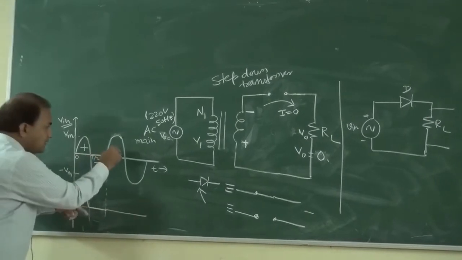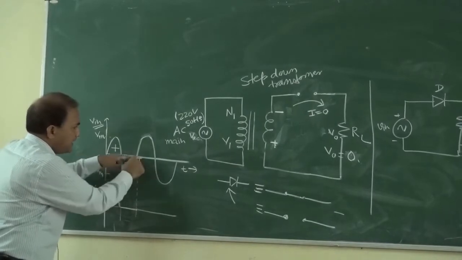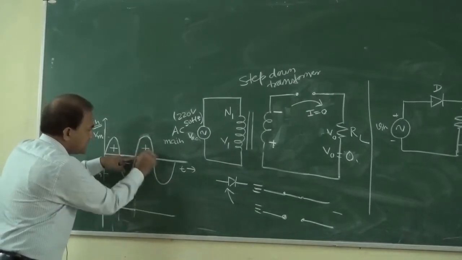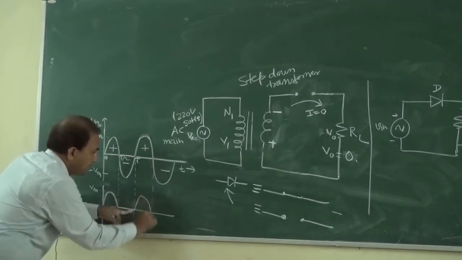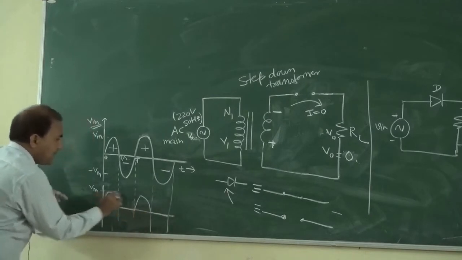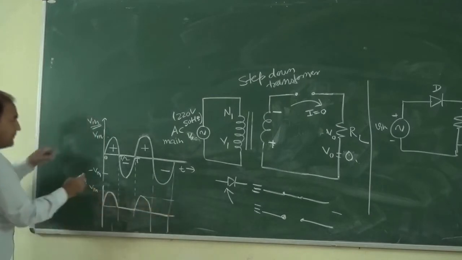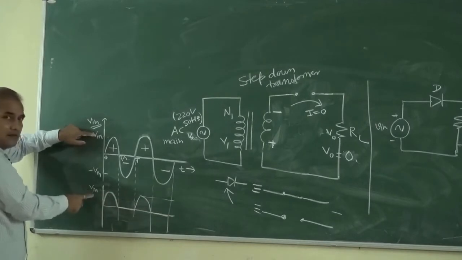Okay. Now this is from 0 to T, time period T. Then for this cycle also, this is positive and this is negative. Again the same case will happen, and the magnitude is Vm. This magnitude and this magnitude are both the same.